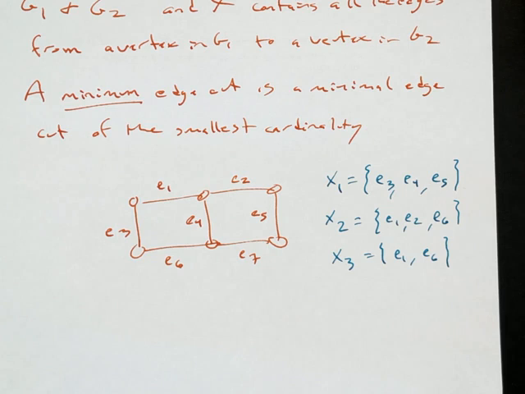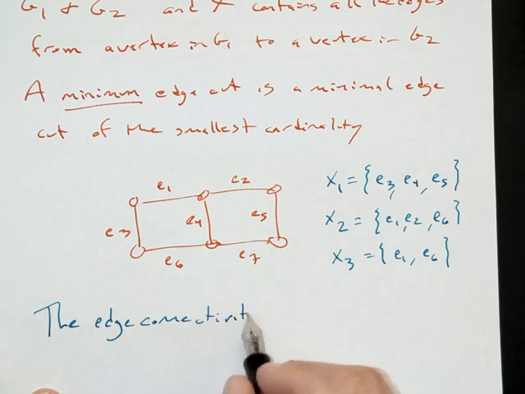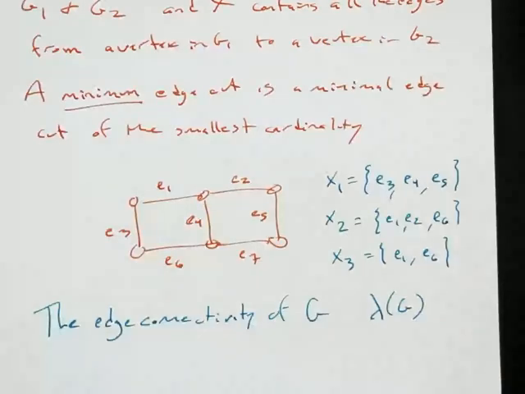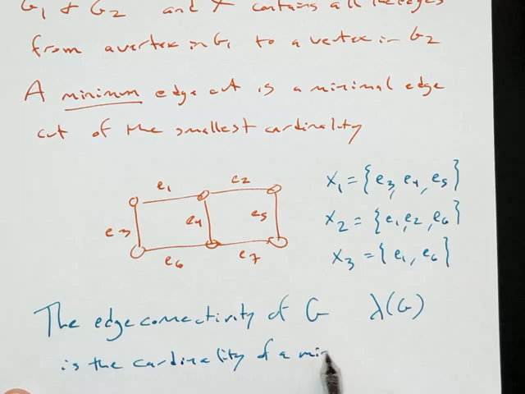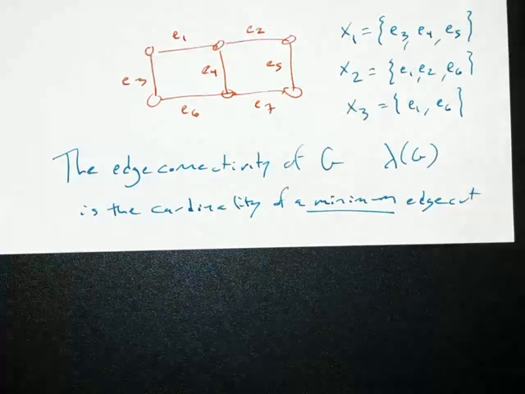But I just came up with that. K of G is the minimum.